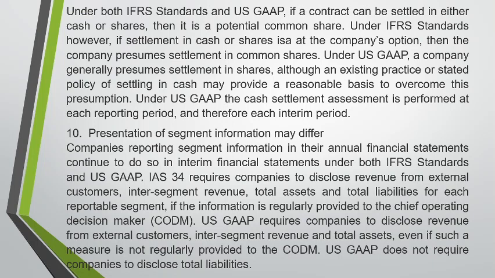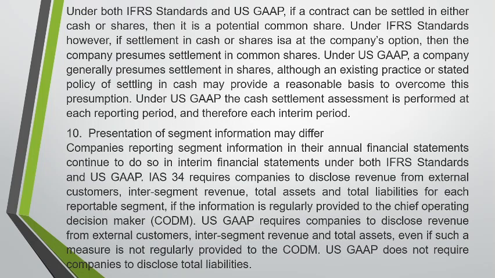Presentation of segment information may differ. Companies reporting segment information in their annual financial statements are to do so in interim financial statements under IFRS standards and US GAAP. IAS 34 requires companies to disclose revenue from external customers, inter-segment revenue, total assets and total liabilities for each reportable segment if the information is regularly provided to the chief operating decision maker.